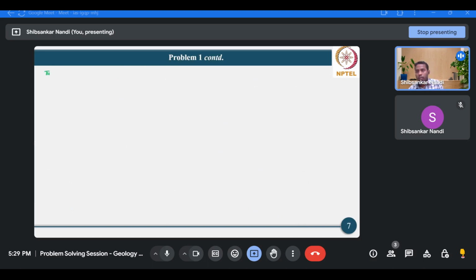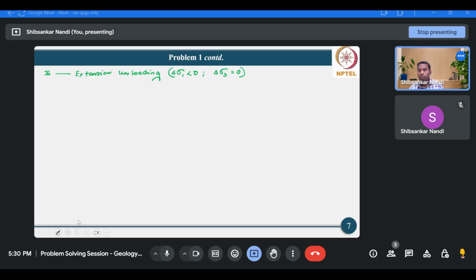So case 3 is extension unloading. That means your delta sigma 1 is less than 0 and delta sigma 3 is 0.